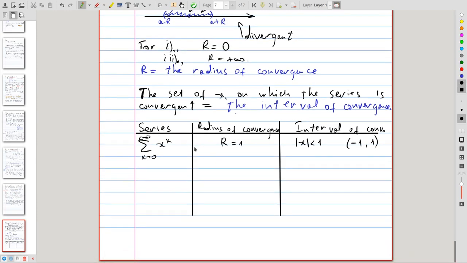The second example we looked at was the sum of k factorial times x to the k from 0 to infinity, and we saw that this series converged only at the single point x equals 0, and so the radius of convergence here would be 0, because it's an interval centered at 0 of radius 0. It only includes one point.